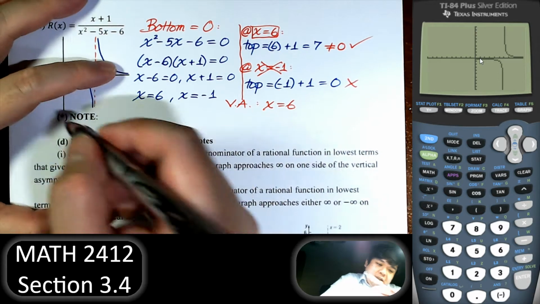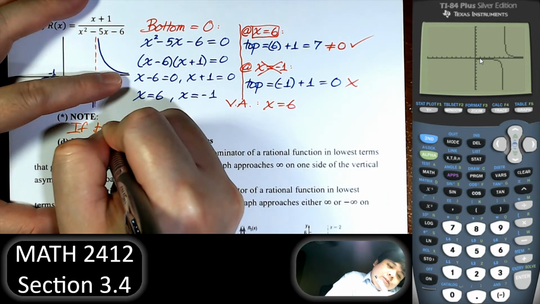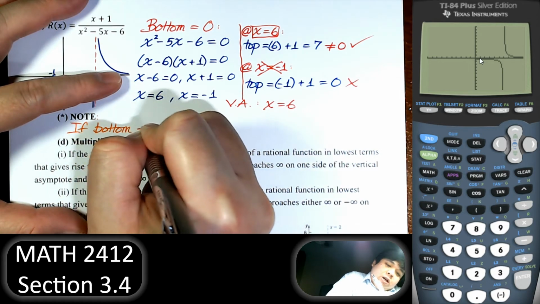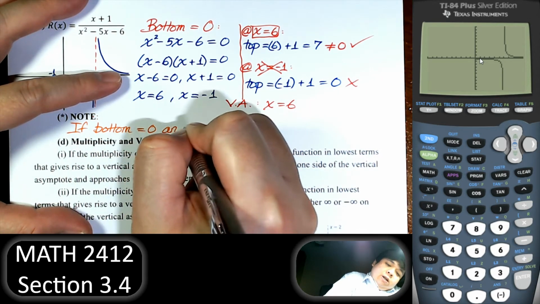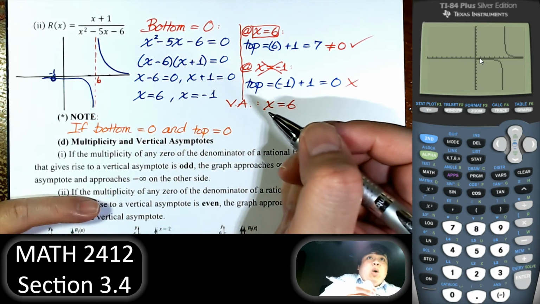Note, if the bottom equals 0 and the top equals 0, then we will have a hole in the graph.